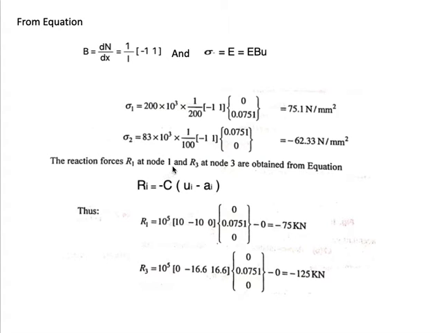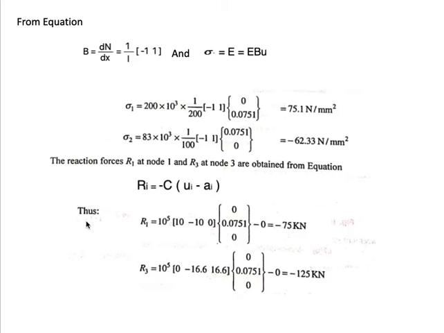The reaction forces R1 at node 1 and R3 at node 3 are obtained from the equation Ri equal to minus C of Ui minus Ai. So from the equation we can write it in such a form.